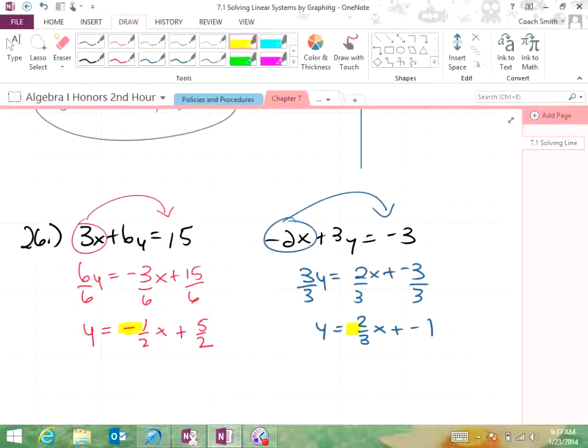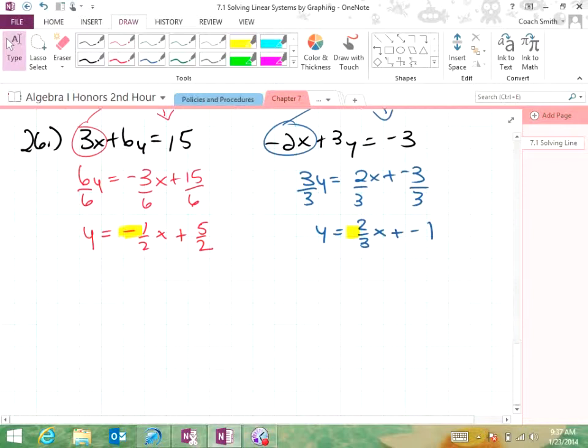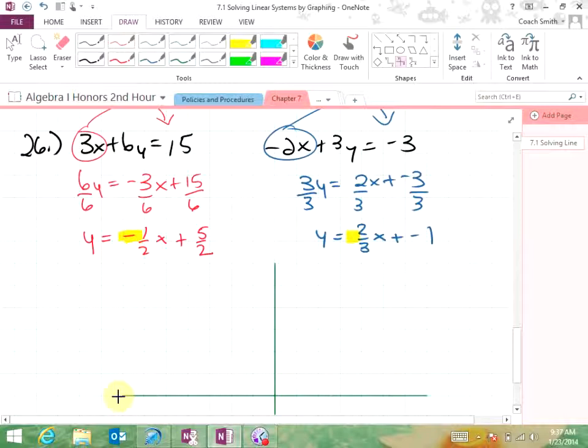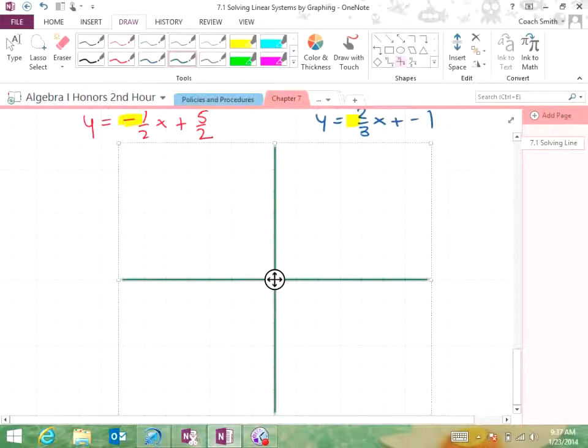All right, now, let me look here, that looks about right, yeah. Now I got to graph them. Okay, so I've got to graph these little jewels. My first one is 2.5, so 2.5, there's 1, 2, 2.5 is right there.